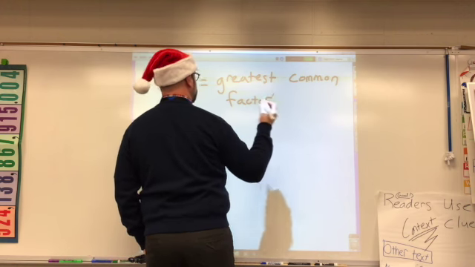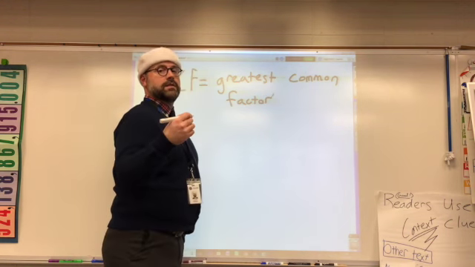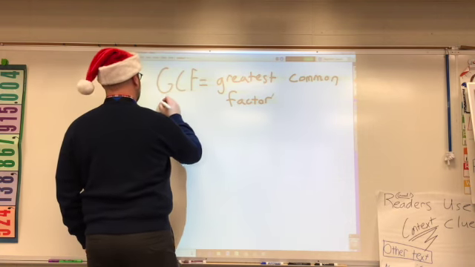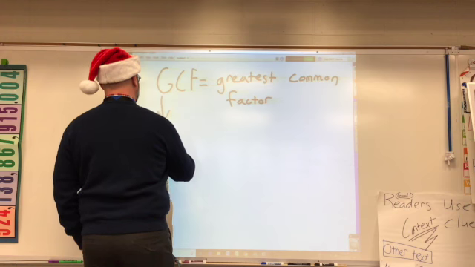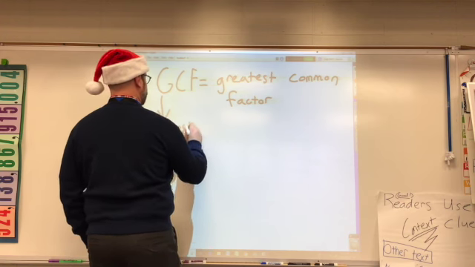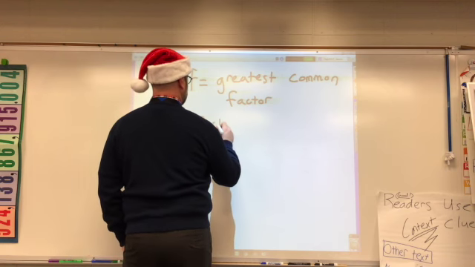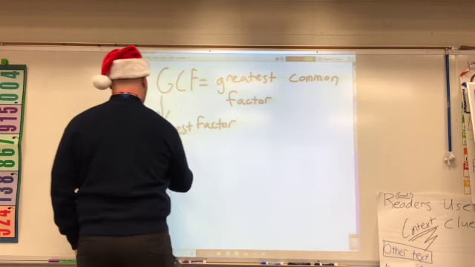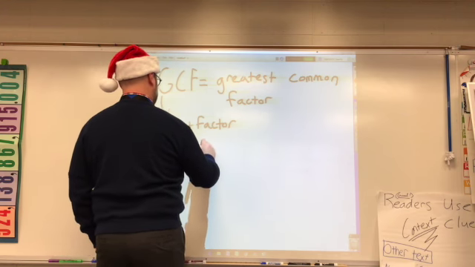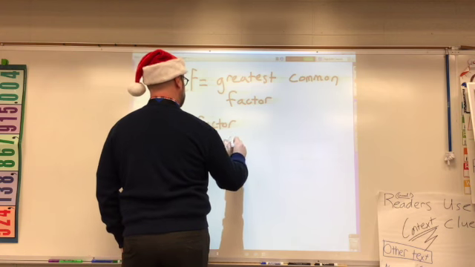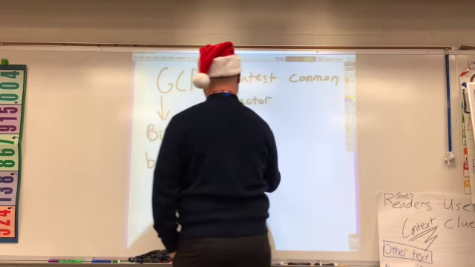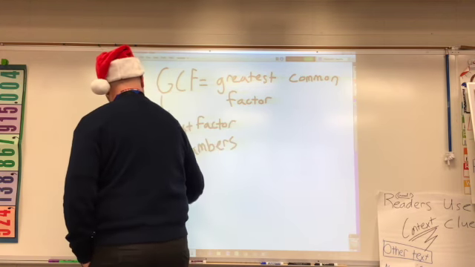What is the biggest factor both numbers have in common? You're going to be asked to do this a lot as you go forward, guys. It's the biggest factor both numbers have in common.